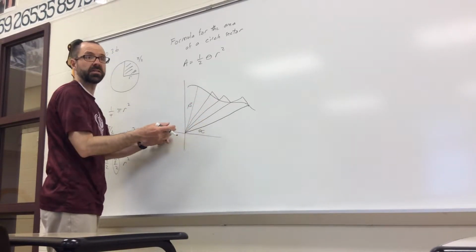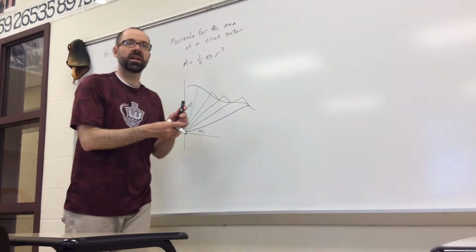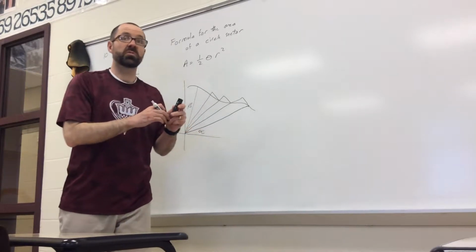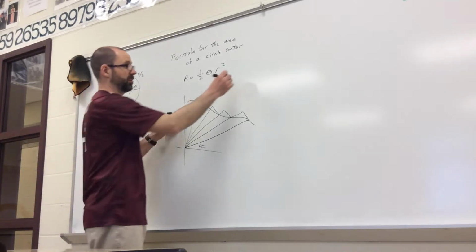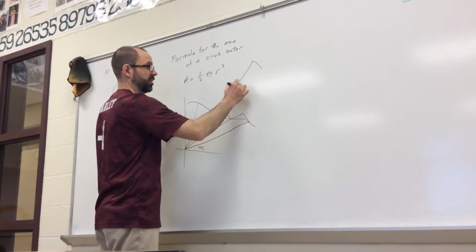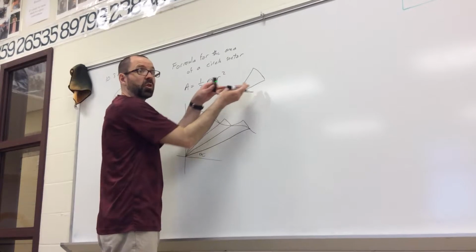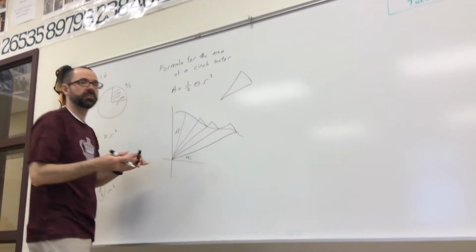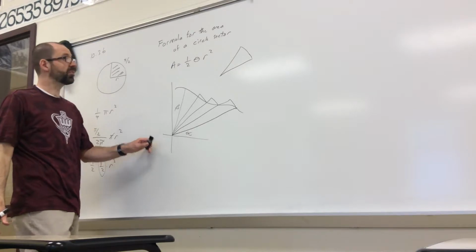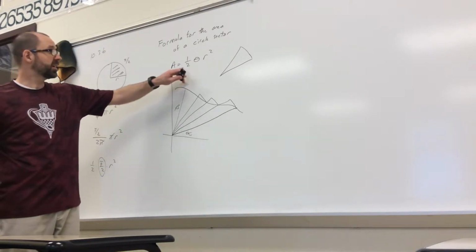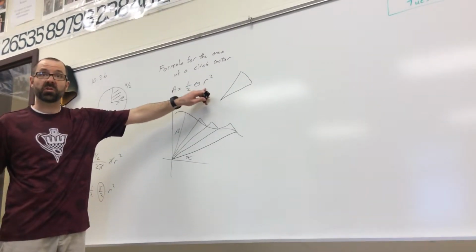You get the idea? So when we were doing an area the first time, we divvied everything up into a bunch of rectangles and added them all up. Now today we're divvying them up into a bunch of pieces of circles and adding them up. Well, the formula for one of those pieces is 1/2 theta times r squared.